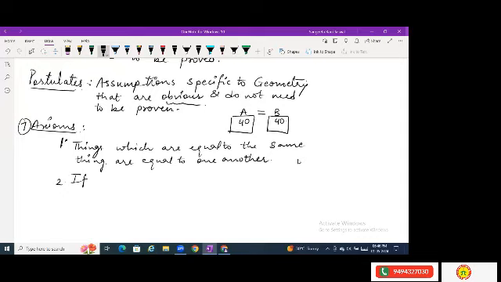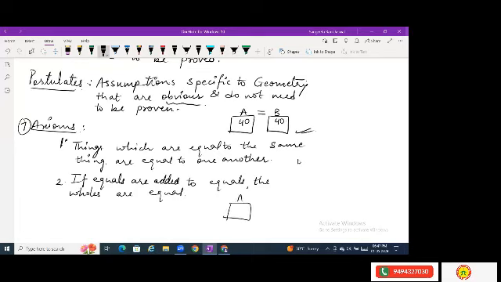Now the second axiom is that if equals are added to equals, the wholes are equal. Now, what does this mean? I'll go with the same example. Suppose child A has got 40 marks, child B has got 40 marks, and I become very happy with their performance and give them 10 marks extra.